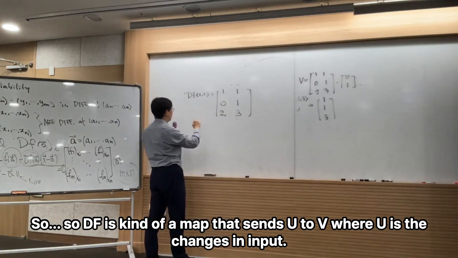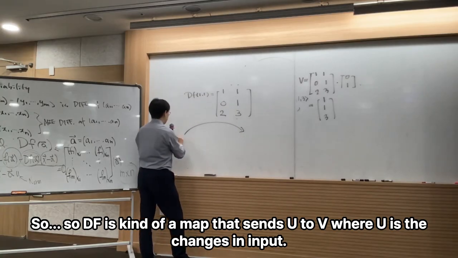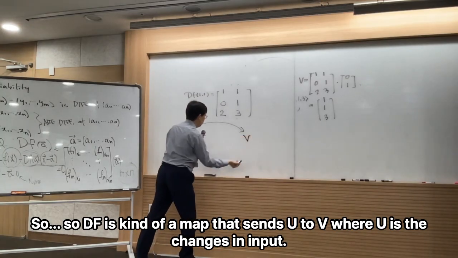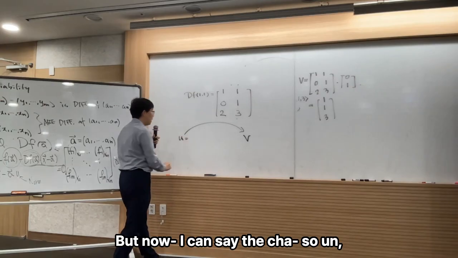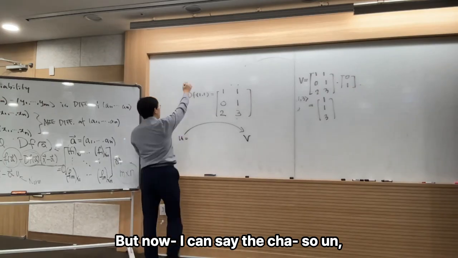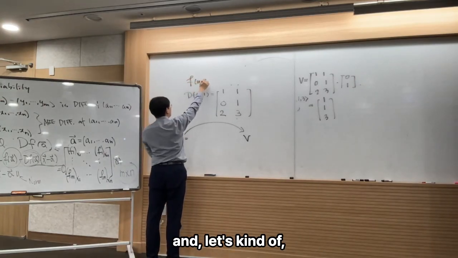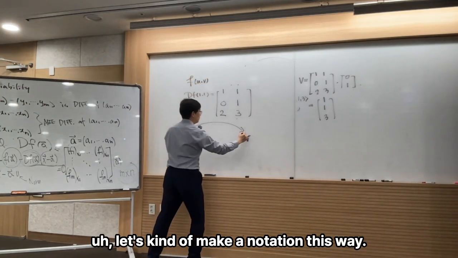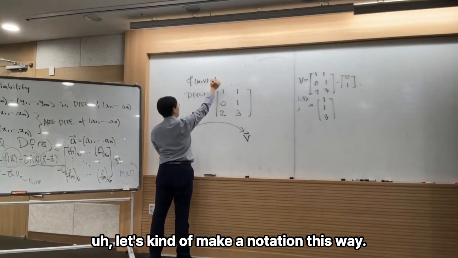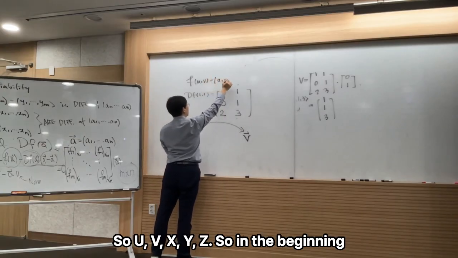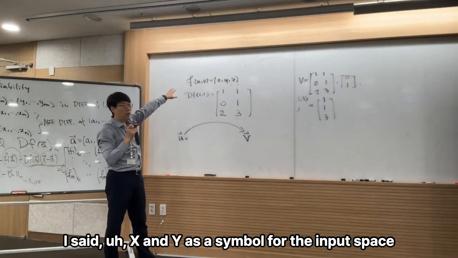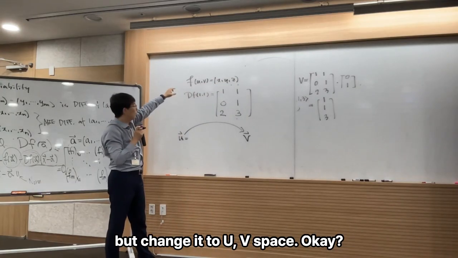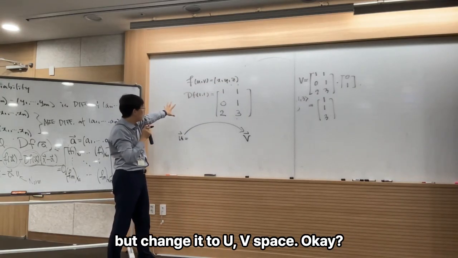df is a map that sends u to v, where u is the change in input. Let's make a notation this way: u, v, x, y, z. In the beginning I said x and y as symbols for the input space, but let's change it to u, v space. Okay.